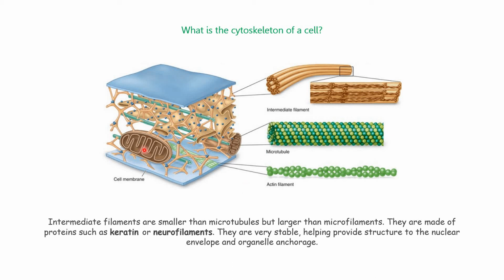So na-notice niyo naman dito, ang pinaka-contributor talaga sa pag-maintain ng place ng mitochondria na dito is the intermediate filament, right? The microtubules are here, the actin filaments are here, pero the intermediate filaments, it is the one that is connected talaga dun sa mismong organelle.